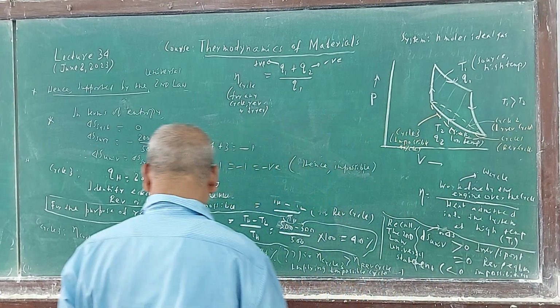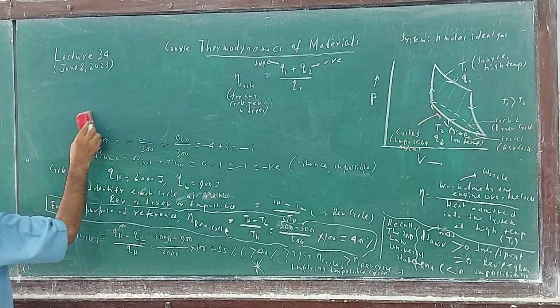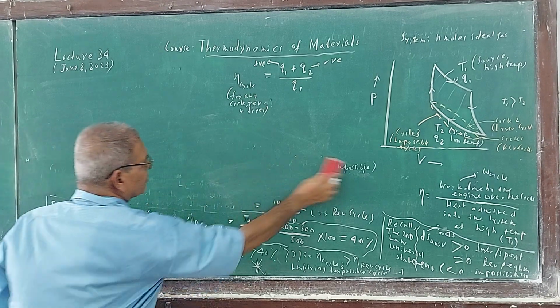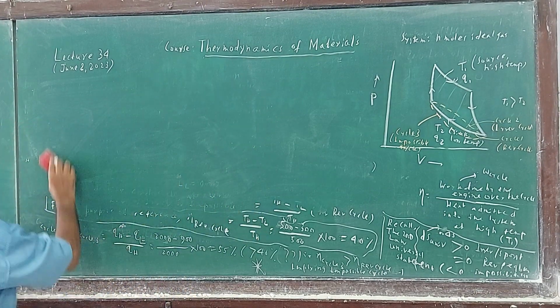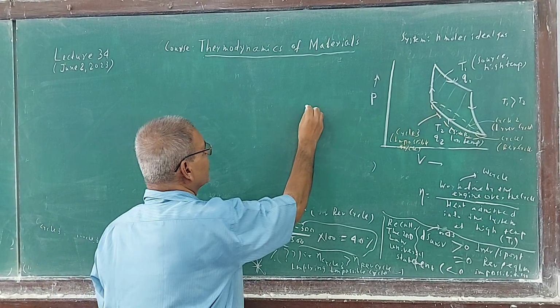Okay, this part is very good. Next I take up this bit. Okay, this is all, over. PV diagram. Next, by the way, you should note what the Carnot cycle is.